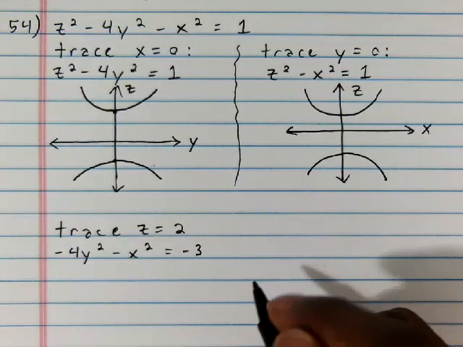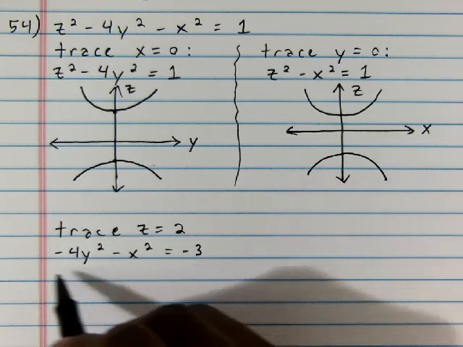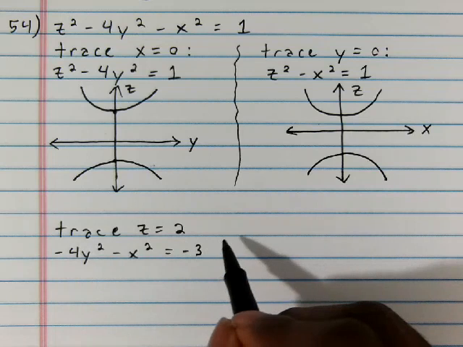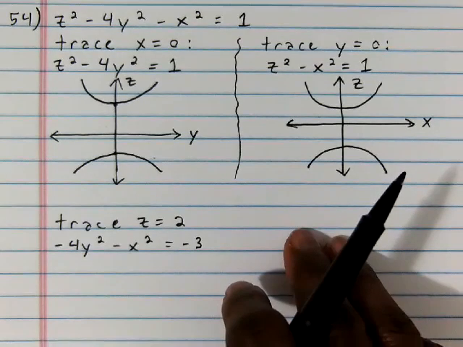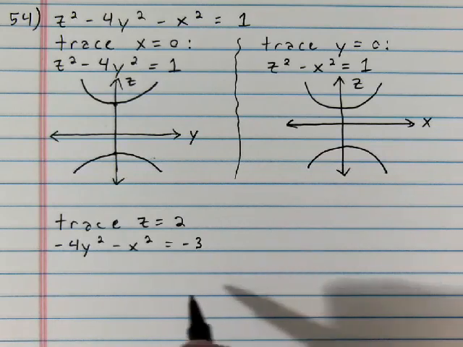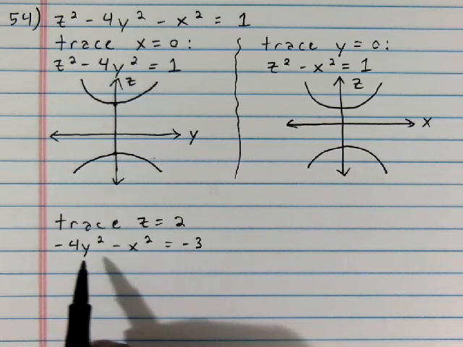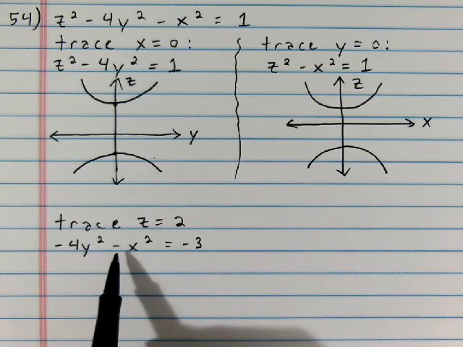So now what I want to do is try to figure out what this is. I'm going to try to put it in some familiar conic section form. So is it a parabola? Is it an ellipse? Is it a hyperbola? Because I have two square terms in there, I know it's going to be either an ellipse or a hyperbola, but they have the same sign. The fact that they have the same sign tells me it's going to be an ellipse.